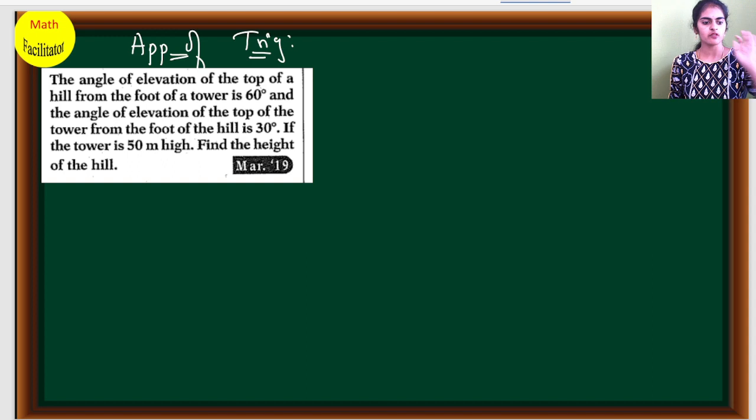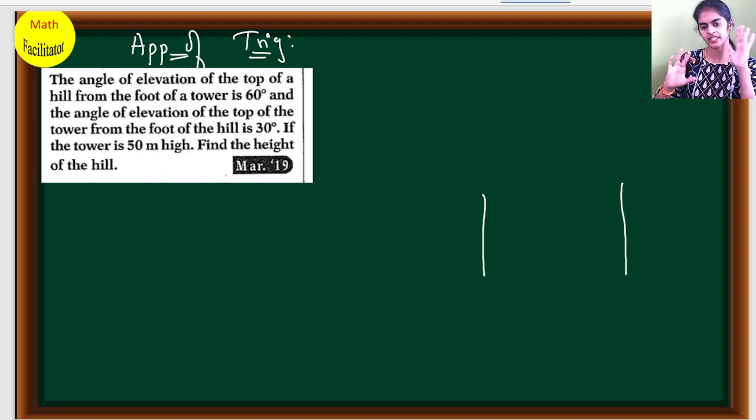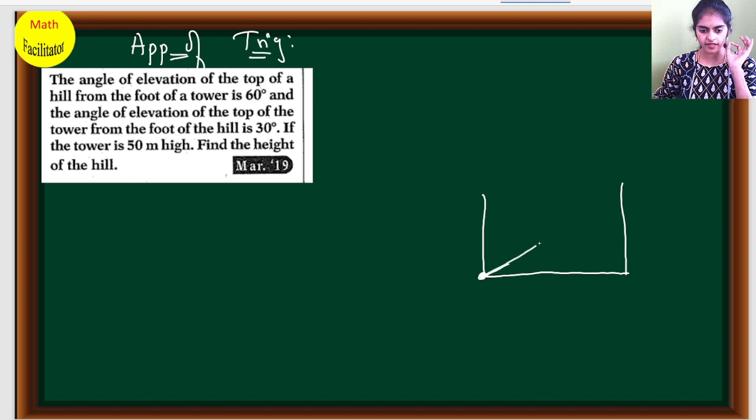So look here: angle of elevation of the top of a hill from the foot of a tower is 60, and the angle of elevation of the top of the tower from the foot of the hill is 30. Suppose this is the tower and this is the ground; from the foot of the tower I am watching the top of the hill, and this angle of elevation is 60.